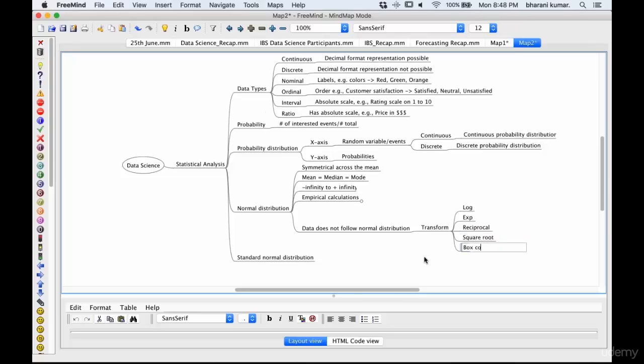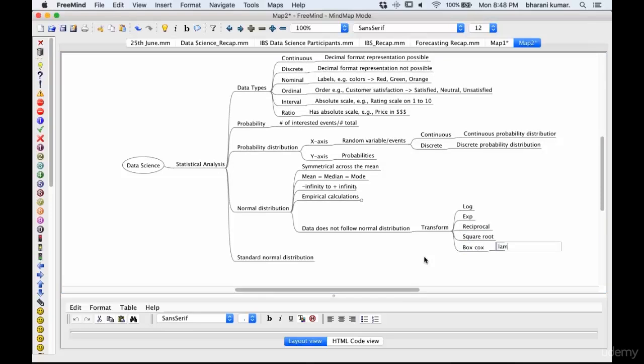Or you can resort to the Box-Cox transformation, which uses lambda values, and if you keep changing the lambda values, it would apply different transformations on the data. For example, lambda equal to 1 might follow some transformation, lambda equal to 0 might do some other transformation, and so on.